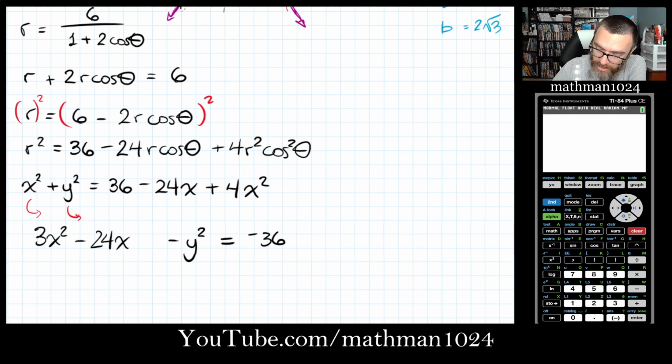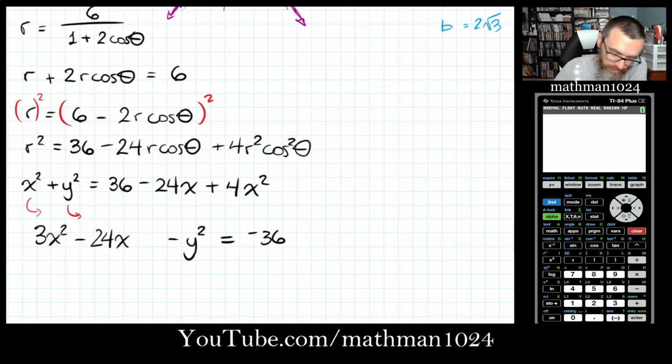So when it comes to completing the square on a problem like this, we first need to factor out the 3. So we have x squared minus 8x, leave some space, and we have the minus y squared.